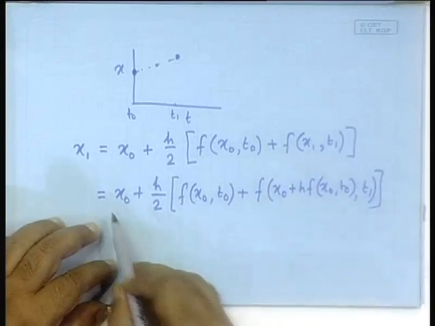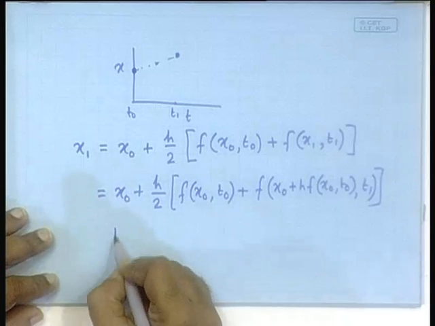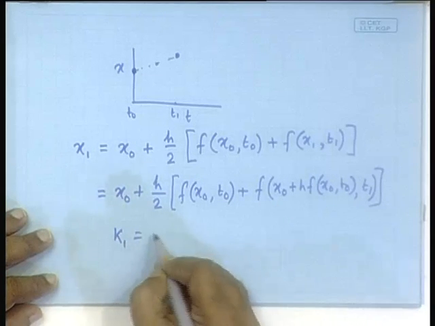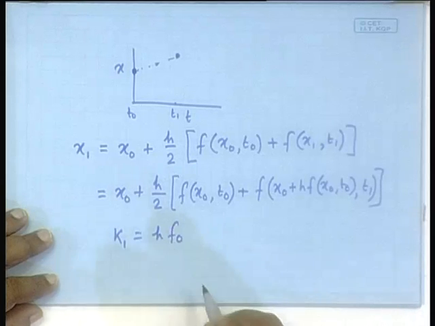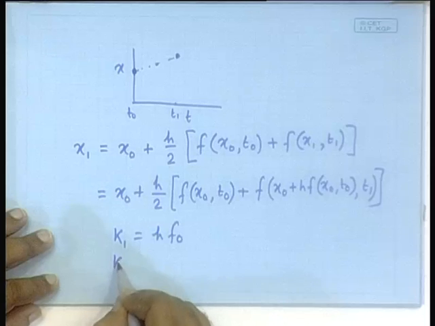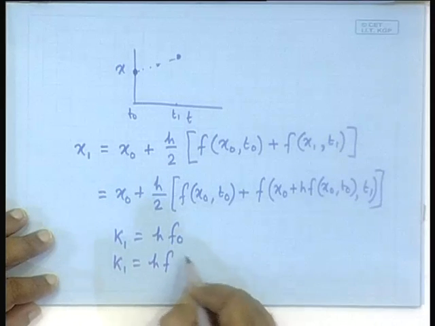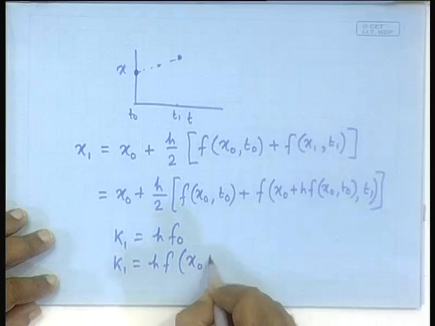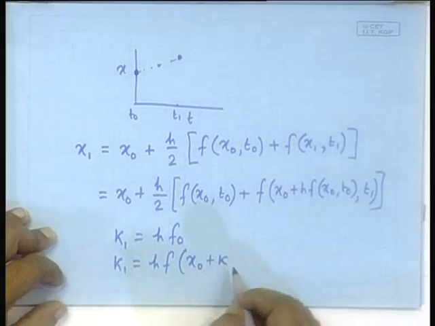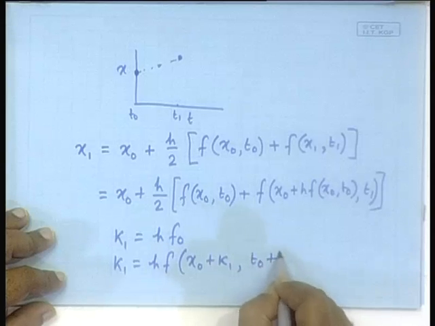Normally, when we write this, we try to abbreviate so that the right hand side can be expressed in a more compact form. Then we say k1 is equal to h f naught, which is f calculated at x naught, and k2 is h f of x naught plus k1, comma t naught plus h.